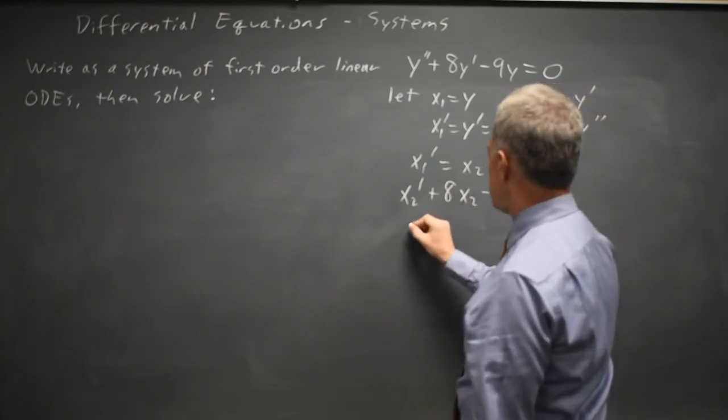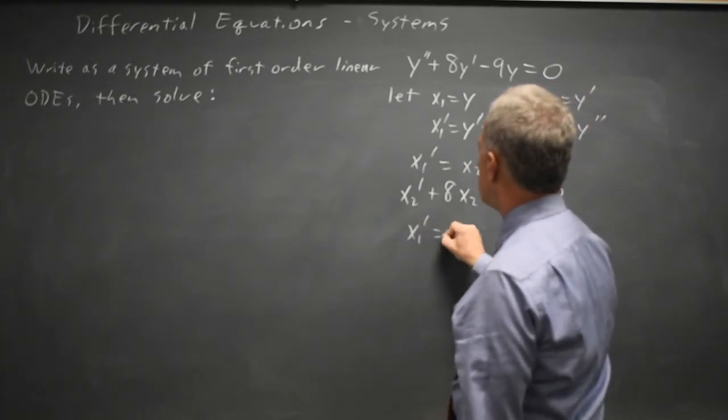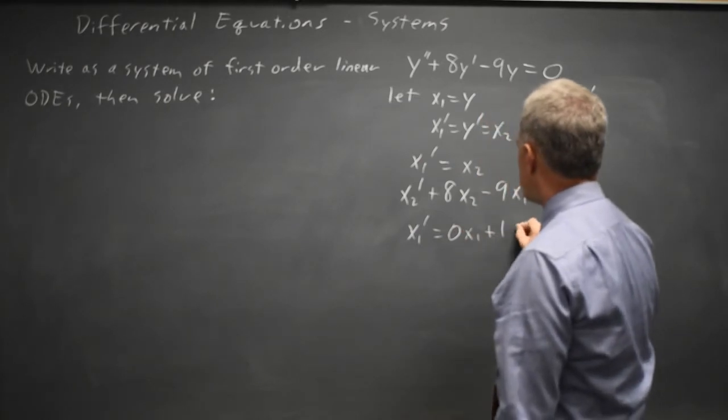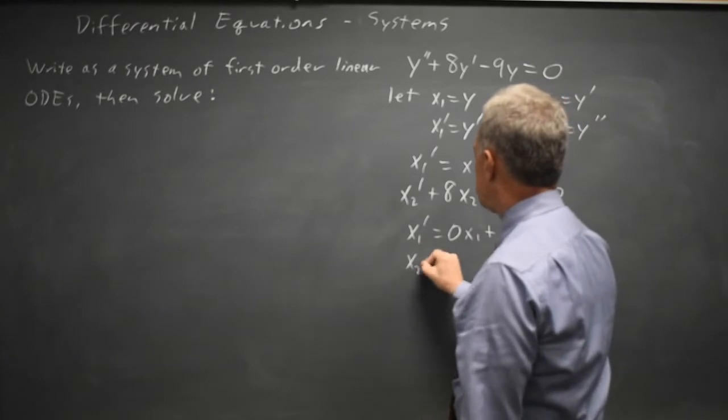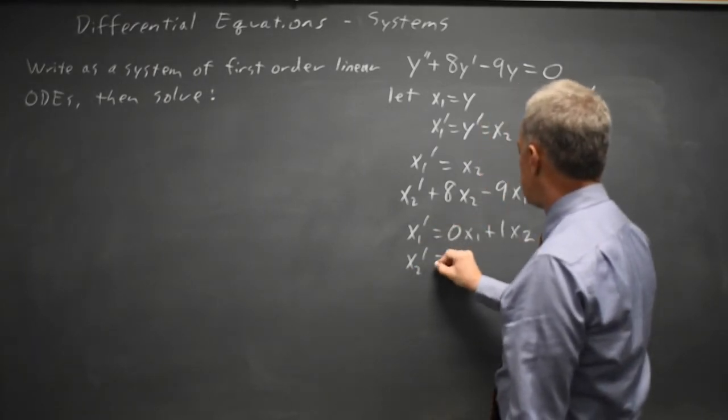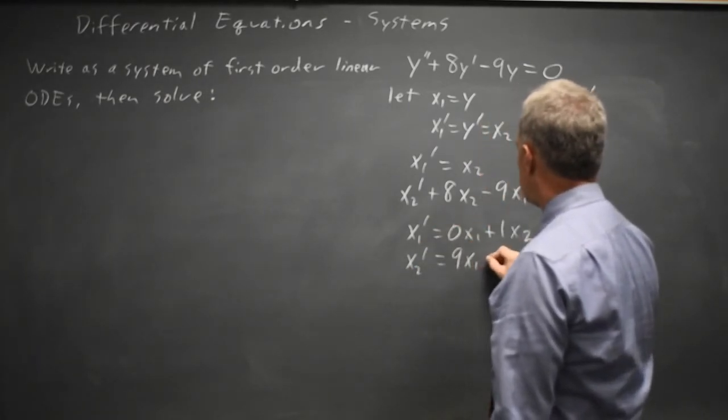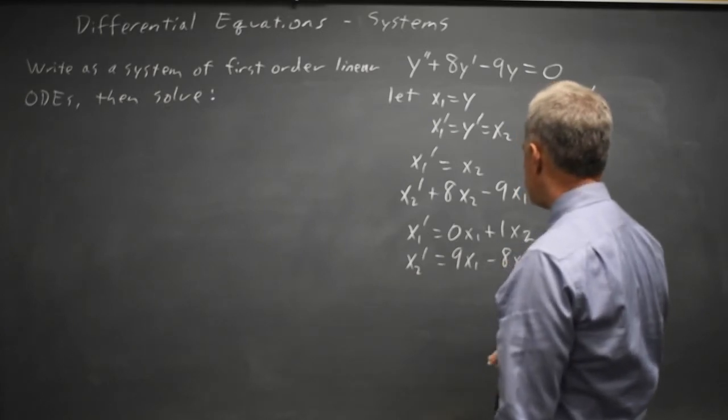I can rewrite these as x1 prime equals 0x1 plus 1x2, and x2 prime, moving these terms to the right-hand side, equals 9x1 minus 8x2.